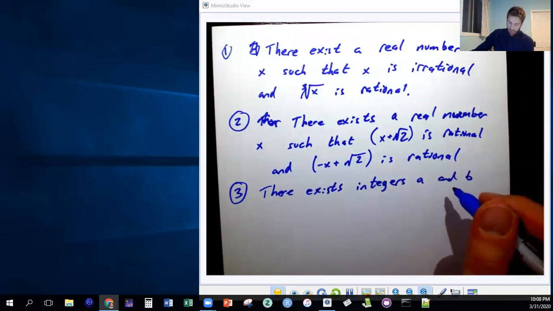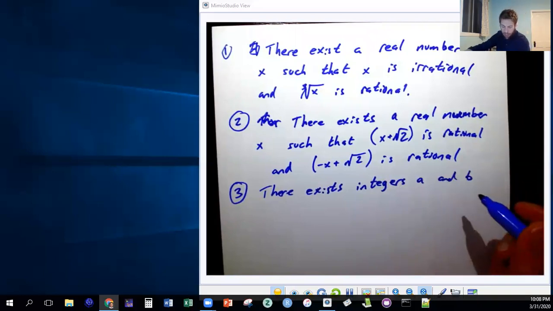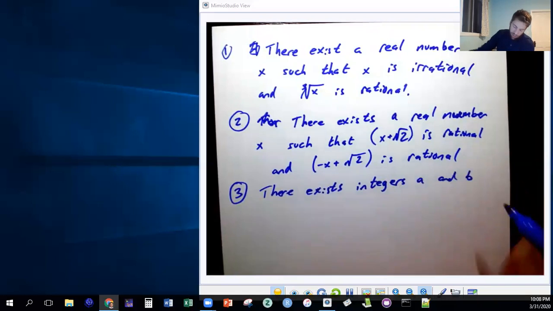Such that, now I'm negating an if-then. So to negate an if-then, you must have the hypothesis true, but the conclusion false.